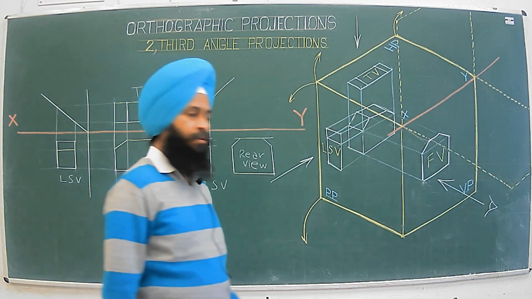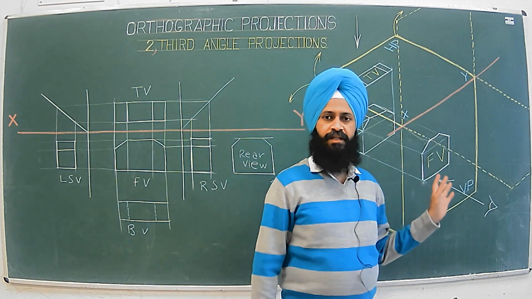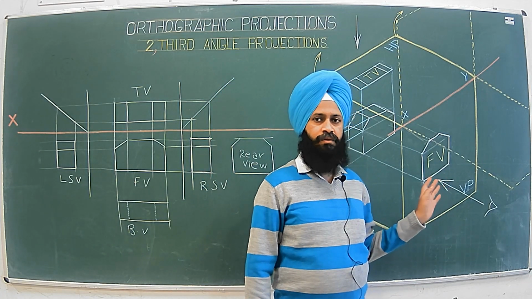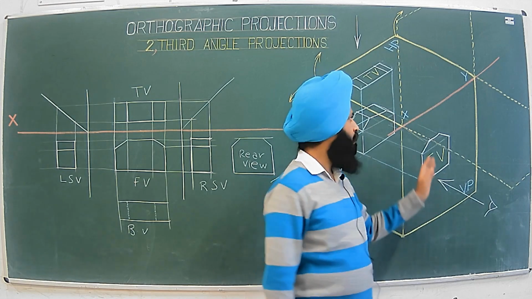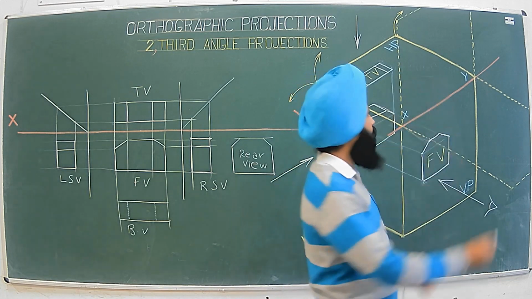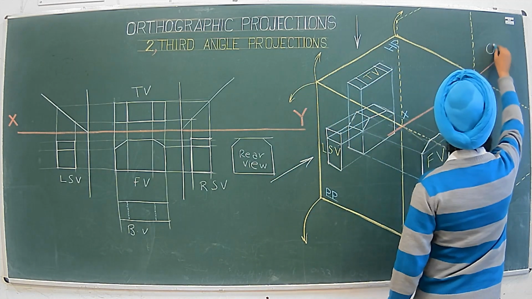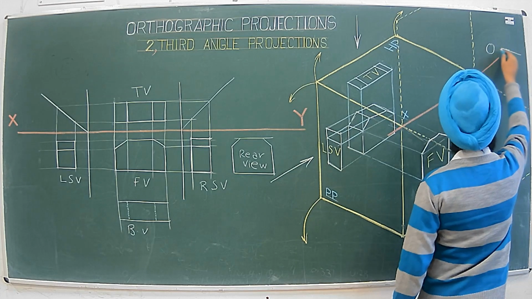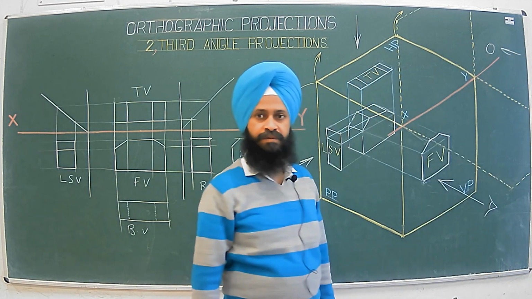If we want to differentiate between first angle and third angle projection, we should know the basic principle, because in first angle, first we see the object, then we see the plane of projection.